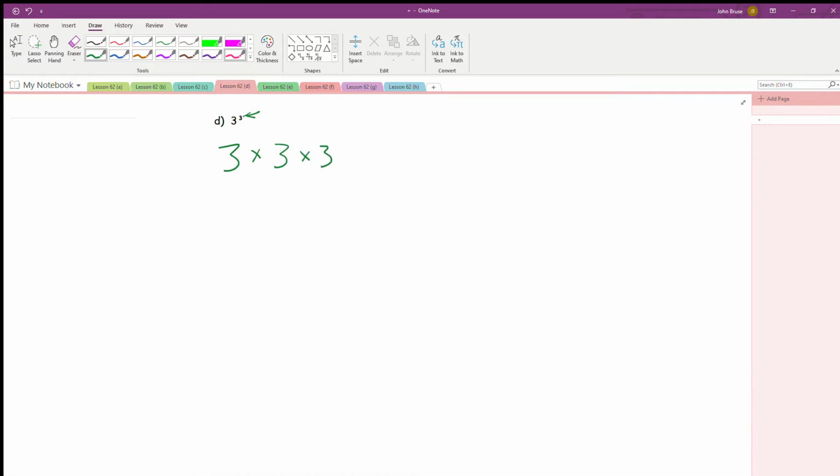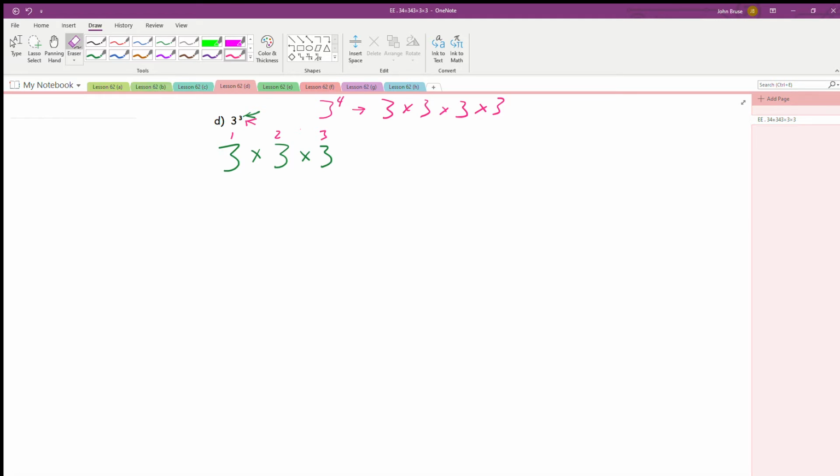That was 1, 2, 3 times, just like this number here shows us. Okay, so make sure that you do that. If we had 3 to the fourth, it would be 3 times 3 times 3 times 3. If we had a 5 there, 3 to the fifth power, it would be another 3 added to the end.